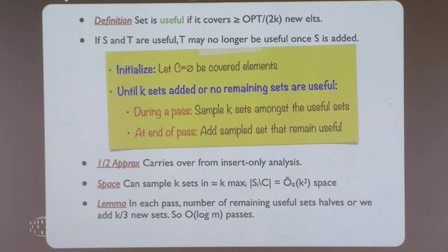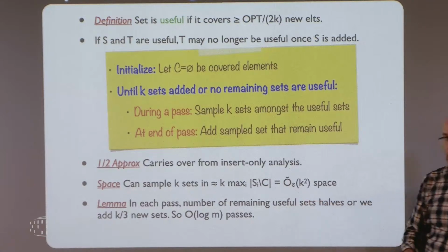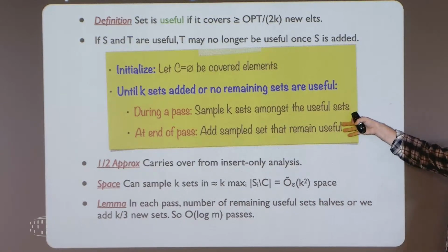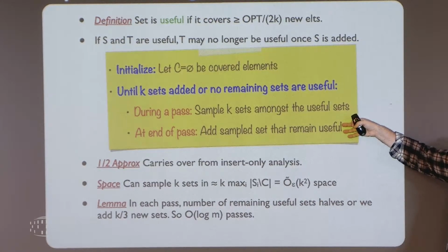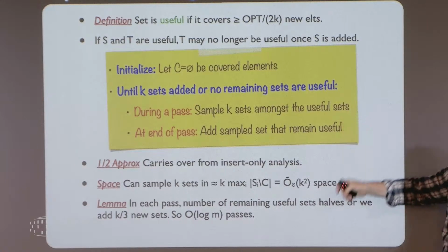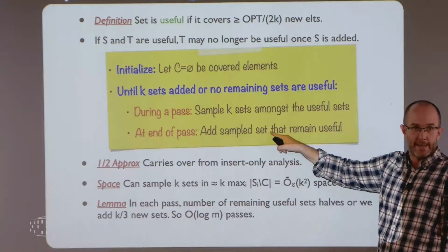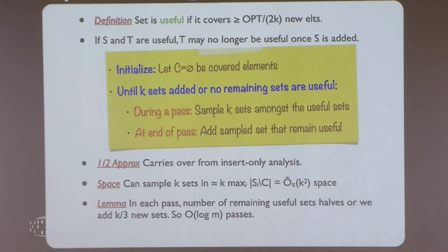Now the sample and prune analysis comes in to establish that in each pass, one of two things happens. At the end of the pass, either we add at least K over 3 new sets, which is like many of the things we sampled ending up being worth adding, or the fraction of useful sets left in the stream goes down by a factor of half.